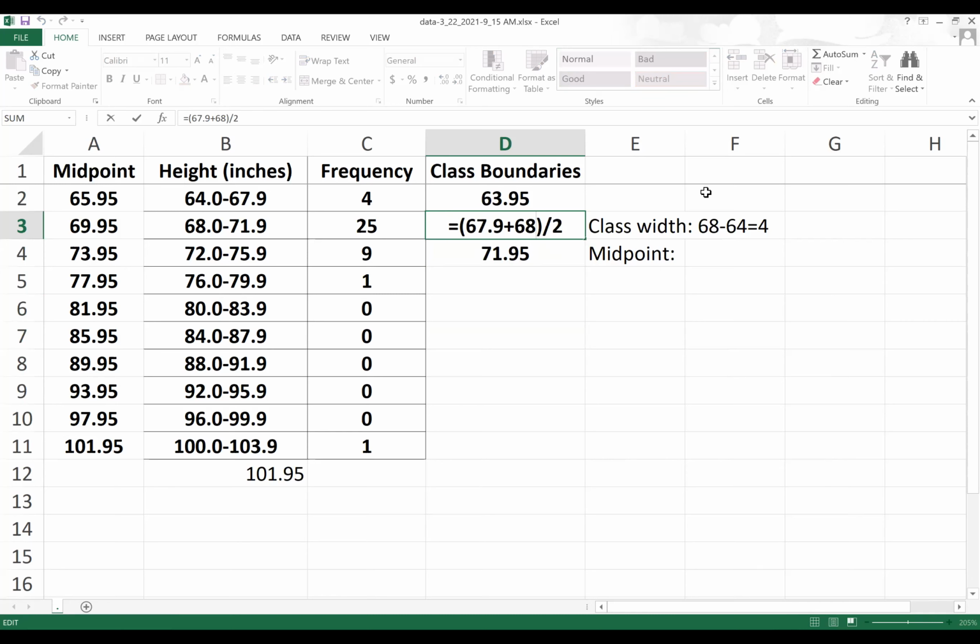For the second class boundary, I just average those two numbers, 67.9 and 68. So the class boundary separates the first class and the second class. Okay. Does that make sense?